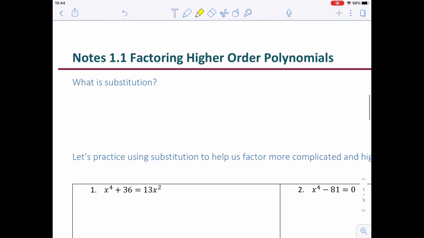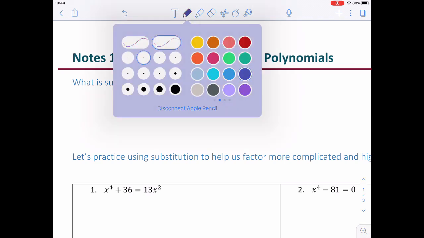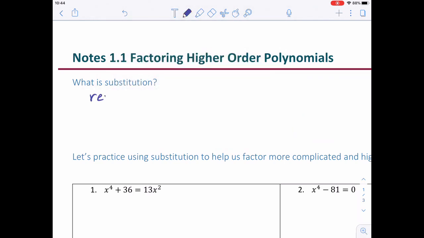So my question for you is, what is substitution? What does that mean? So substitution is all about replacement. Think about substitute teachers.